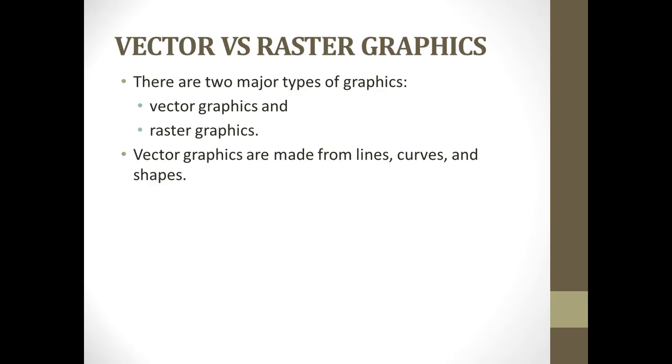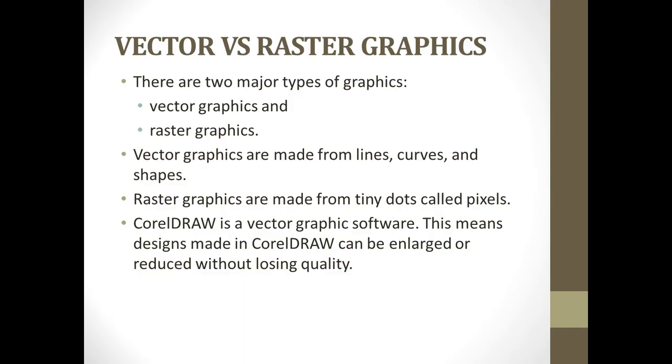Vector graphics are made from lines, curves, and shapes, while raster graphics are made from tiny dots called pixels. CorelDRAW is a vector graphic software. This means designs made in CorelDRAW can be enlarged or reduced without losing quality. That's actually one beautiful thing about CorelDRAW.